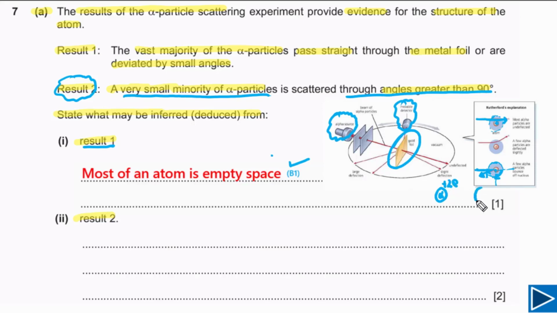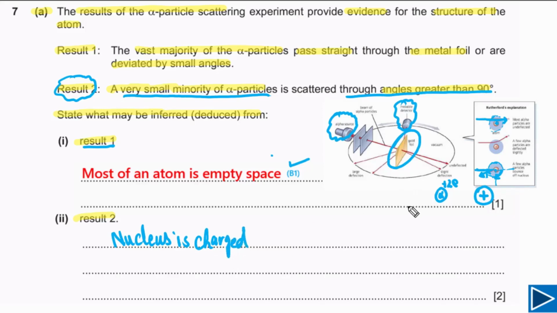If it is deflected back, it means there is another charge present that is repelling it backward. So the nucleus is charged, meaning there is positive charge in the nucleus. This is one point we can write down.